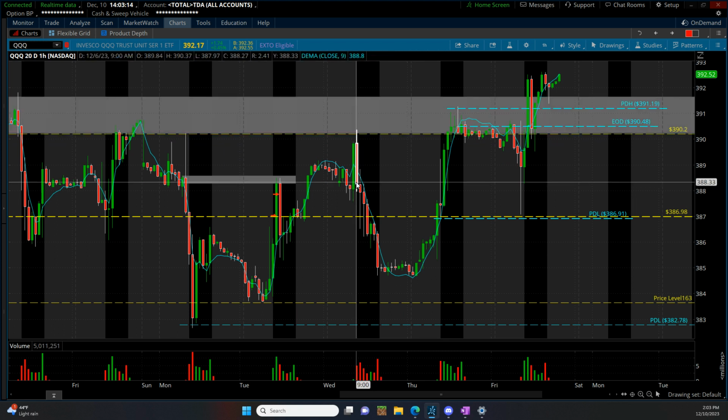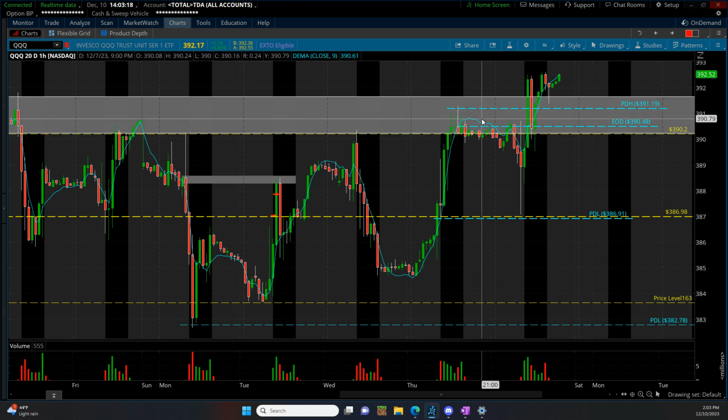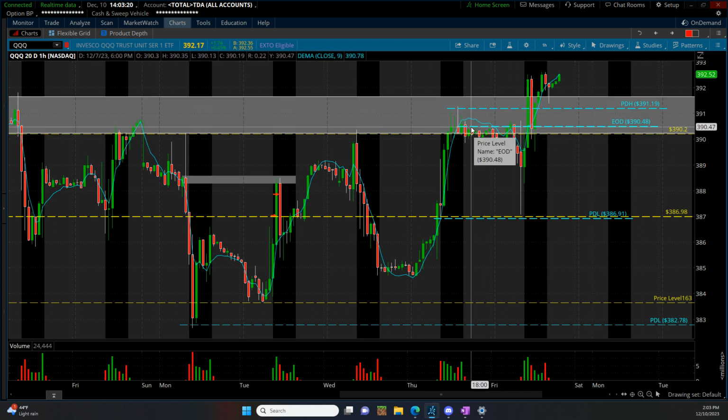Then I'm playing off of my same level. If we break and retest off of that same level, then I'm still taking that setup. Yes. If we break and retest to the bottom side, obviously that's a different story. But if buyers shoot down below and it gets bought up, and now we're above that level with any sort of bullish retest, I'm still in that play because my plan is still playing out.